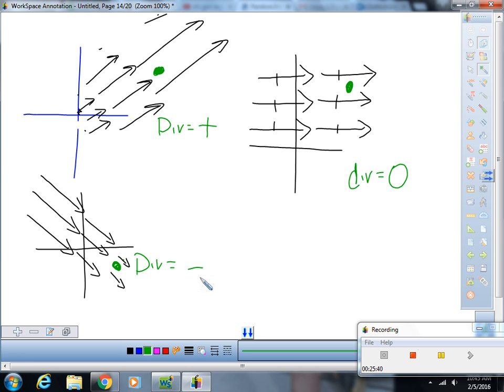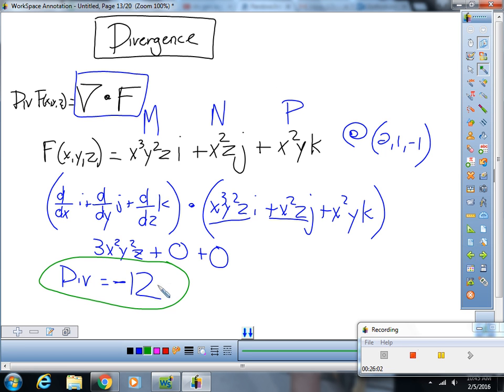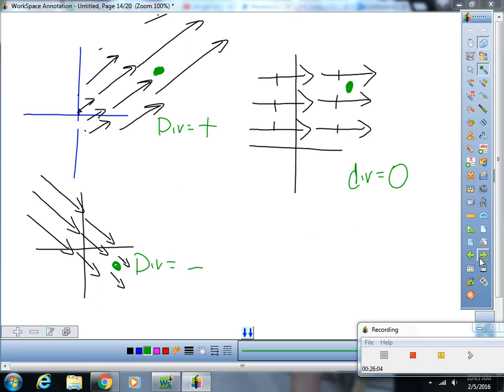That's why I've indicated that the divergence would be negative. At this point the vectors are expanding, and that's why the divergence would be positive. By what point they're expanding probably has something to do with how big this constant is. And then here, the vectors are not changing, so the divergence, the change in the size of our vector, is equal to 0.